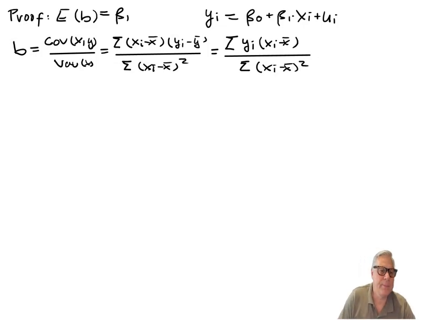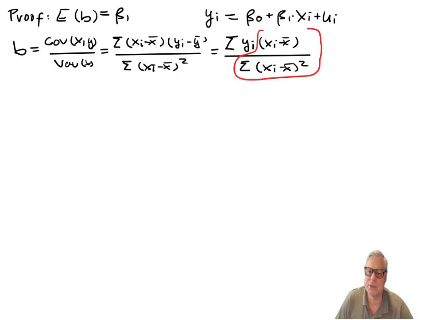And if we do that, we can assume this term here is always the same, and we call that Ki. Here the sum of xi minus x bar squared in the denominator is the variance of x, and in the numerator we always have the deviations from the mean.